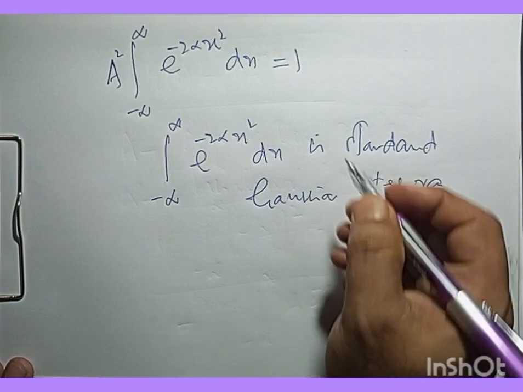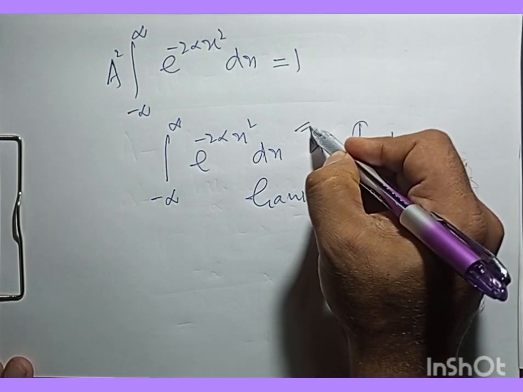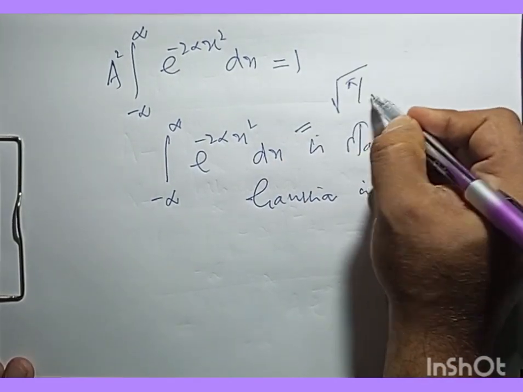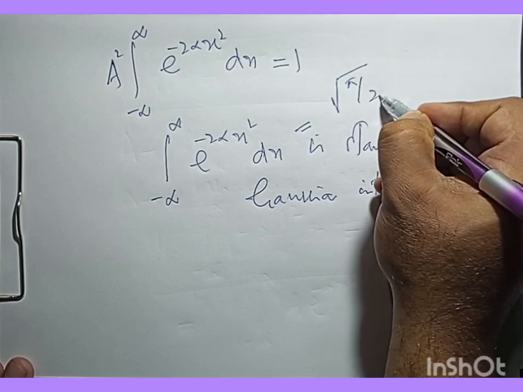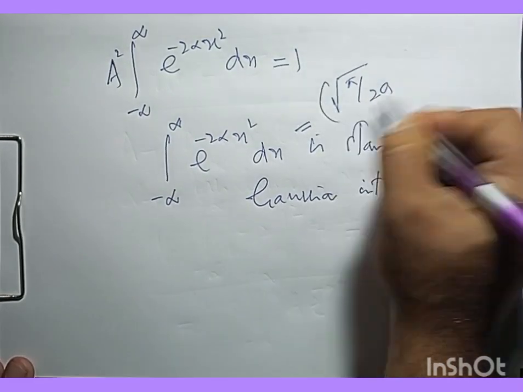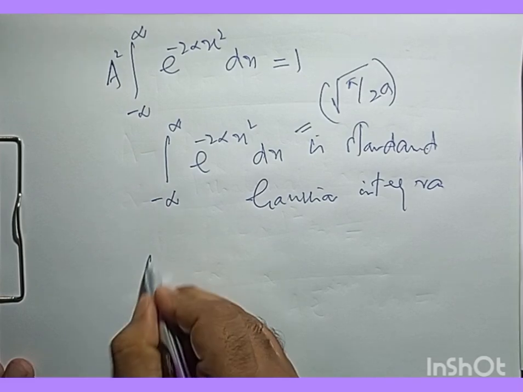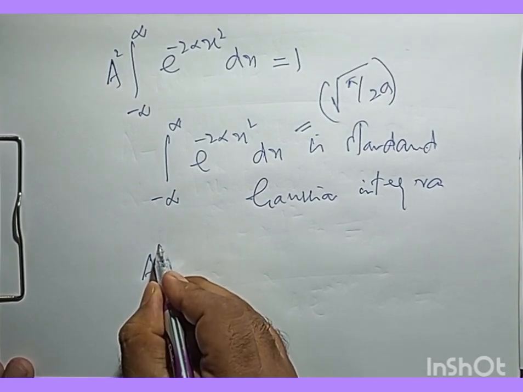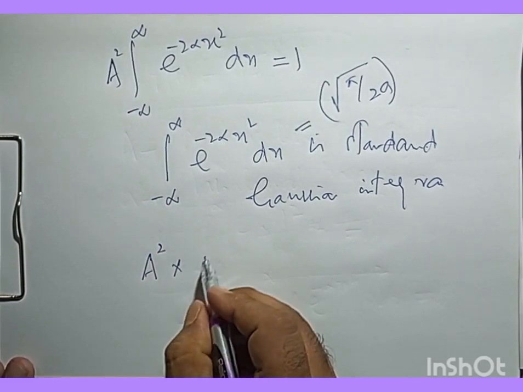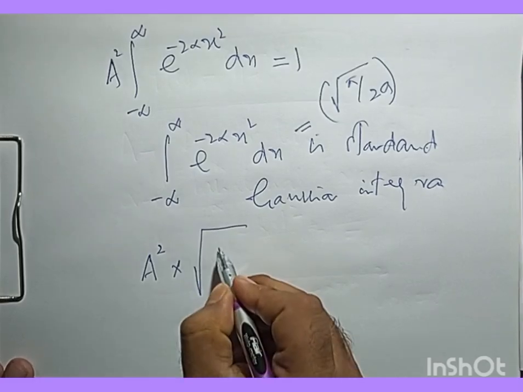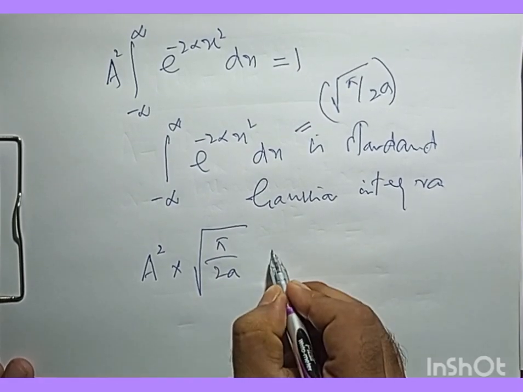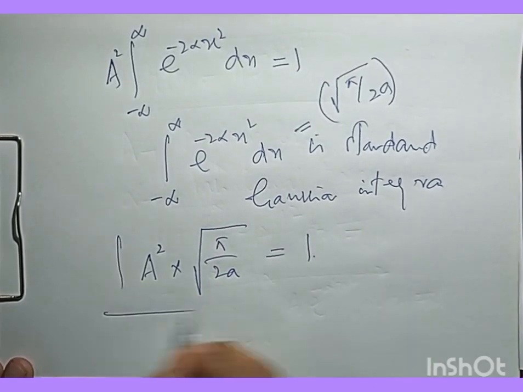Its value is the square root of pi by 2 alpha. So in our normalization equation, this is A square times the square root of pi by 2 alpha equals 1.